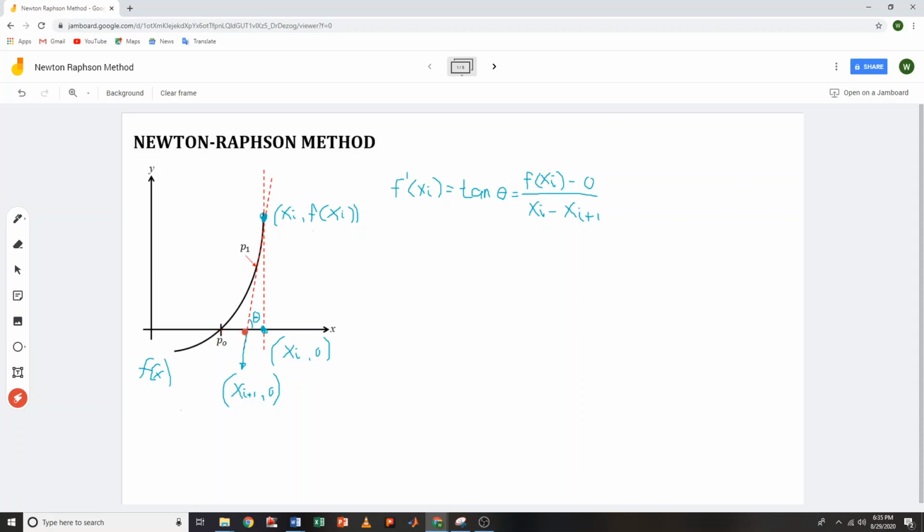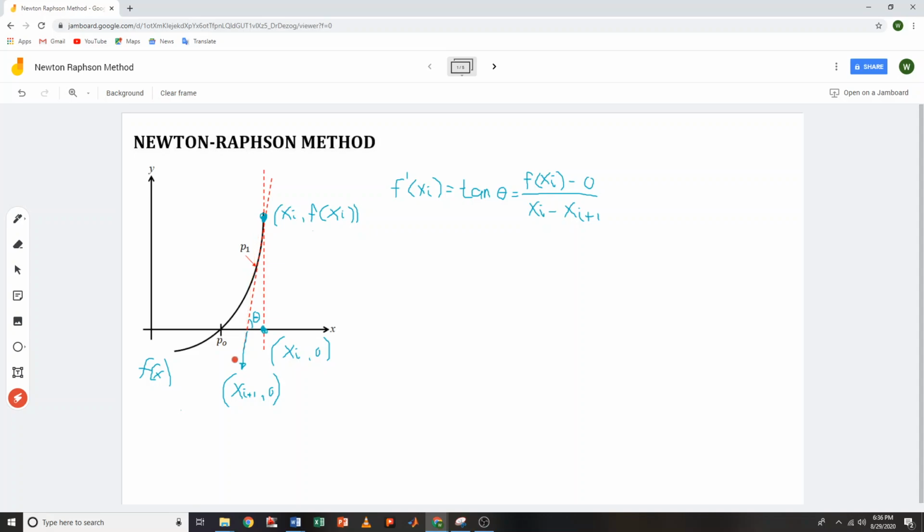In this method, you are drawing a tangent line from this point. The tangent line is tangent to the curve of the function, tangent meaning touching the curve.